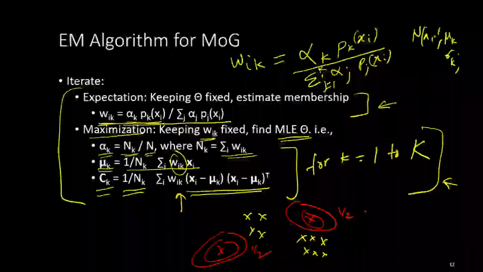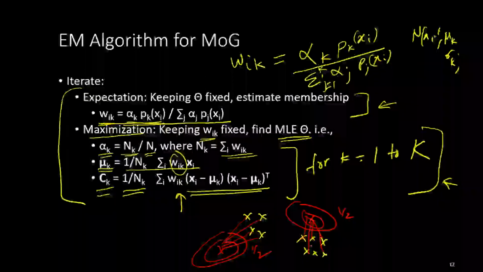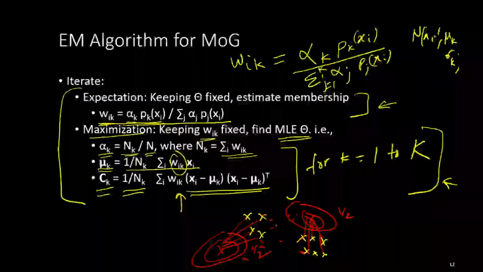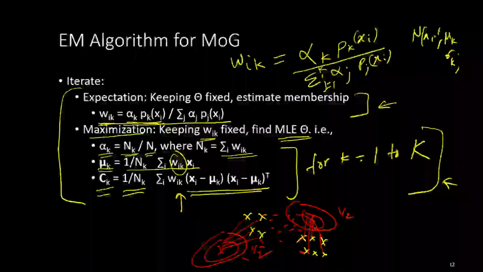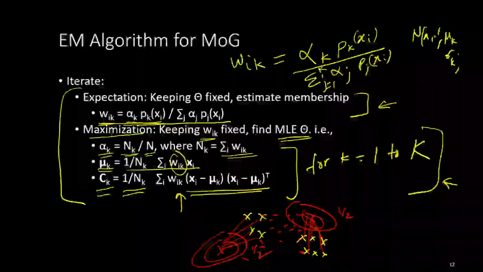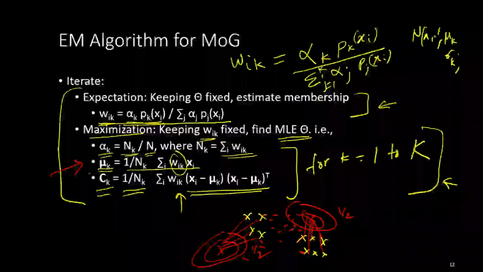Now what we can see is that these points are more likely with respect to this Gaussian, and these points are more likely with respect to this Gaussian. These are less likely with respect to the other Gaussian. So wherever you see dotted lines, the weights will be smaller, and where you see solid lines, the weights will be relatively larger. So once we do that, when we compute the mu k, the contribution of the larger weights will be more.